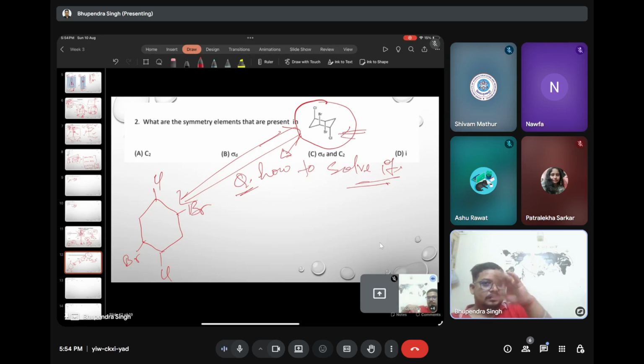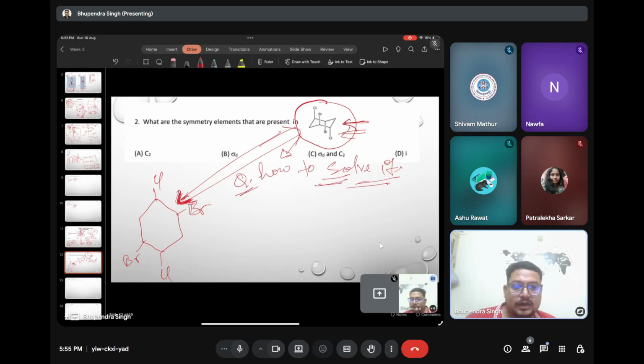Forget about the answer, you will not be able to do the operations in this structure. So we can simply redraw this structure like this, right?